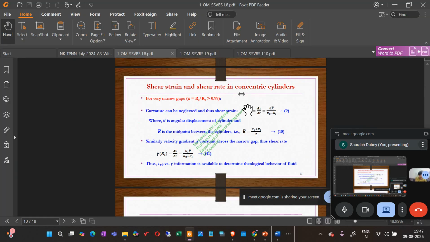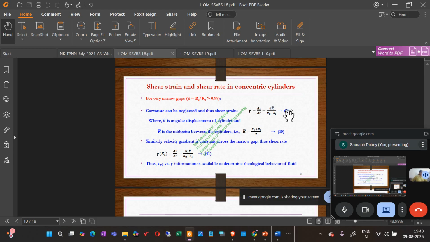Just revisit this section. So this r is what? The midpoint between the cylinders, which is r0 plus ri by 2, and similarly you can calculate the velocity gradient, which is constant across the narrow gap. Thus shear rate gamma, which is del v by del r, the gradient of the velocity, is omega times r bar divided by r0 minus ri, right?